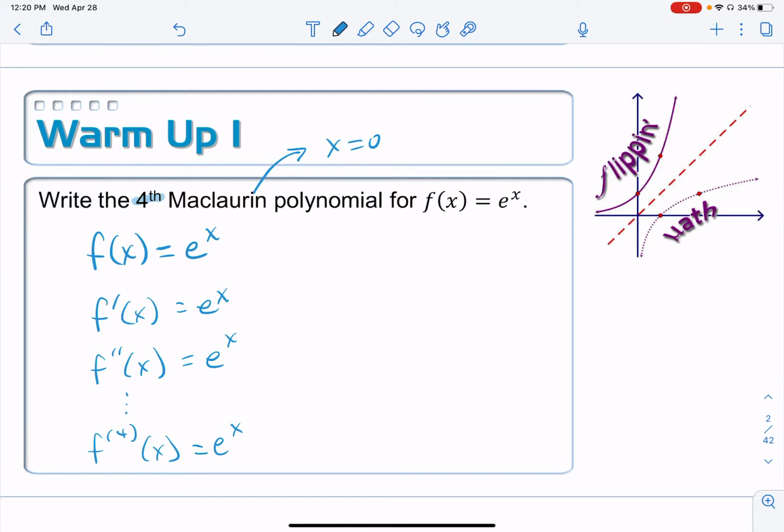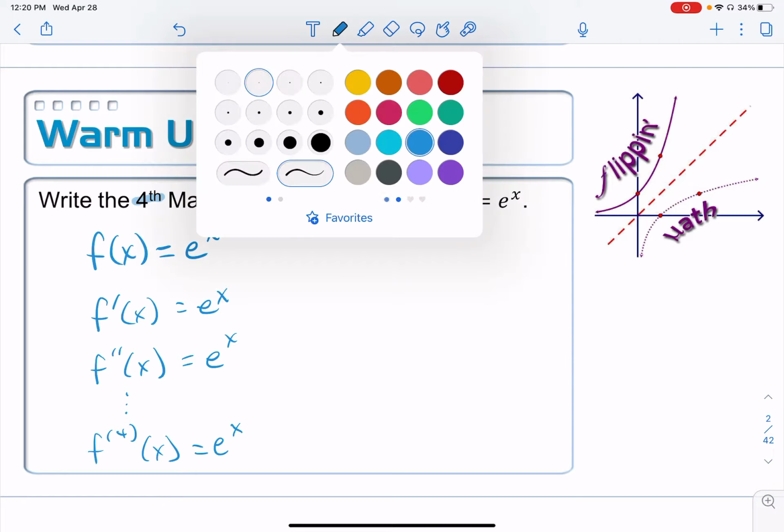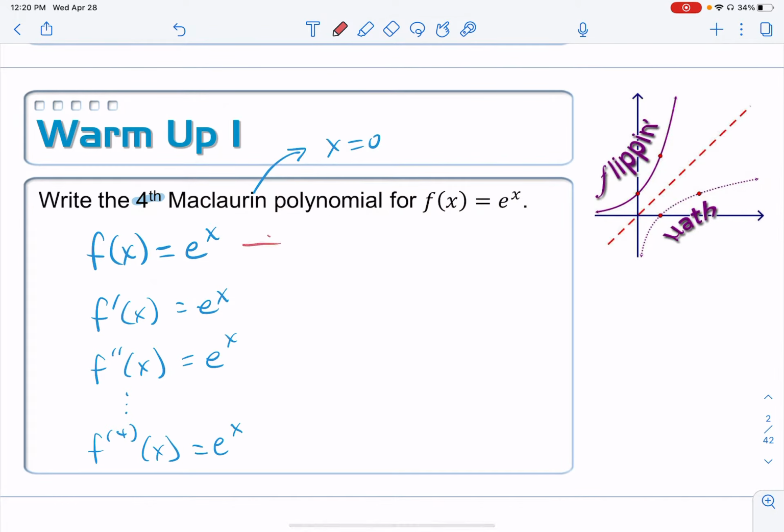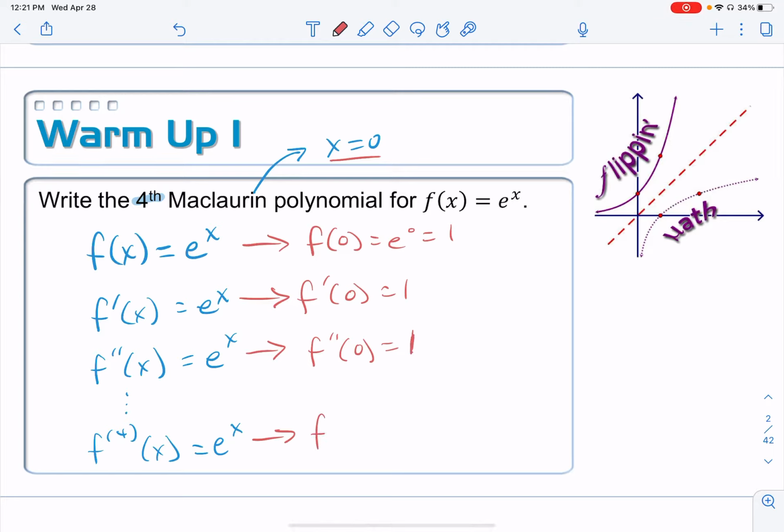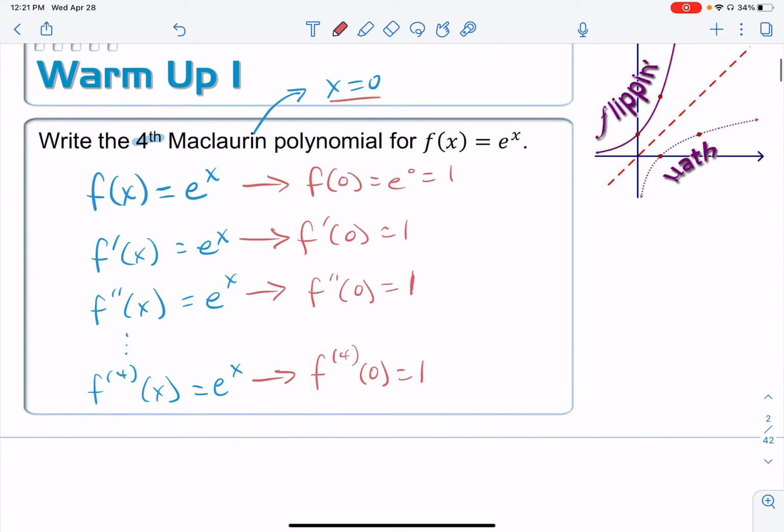Now you want to evaluate each one of these, the function and its derivatives, specifically at x is equal to 0. So f of 0 is e to the 0, which is equal to 1, which means that f prime of 0 is equal to 1, and f double prime all the way down, I turned that into an exclamation point because why not? That's also equal to 1. A whole bunch of 1s.